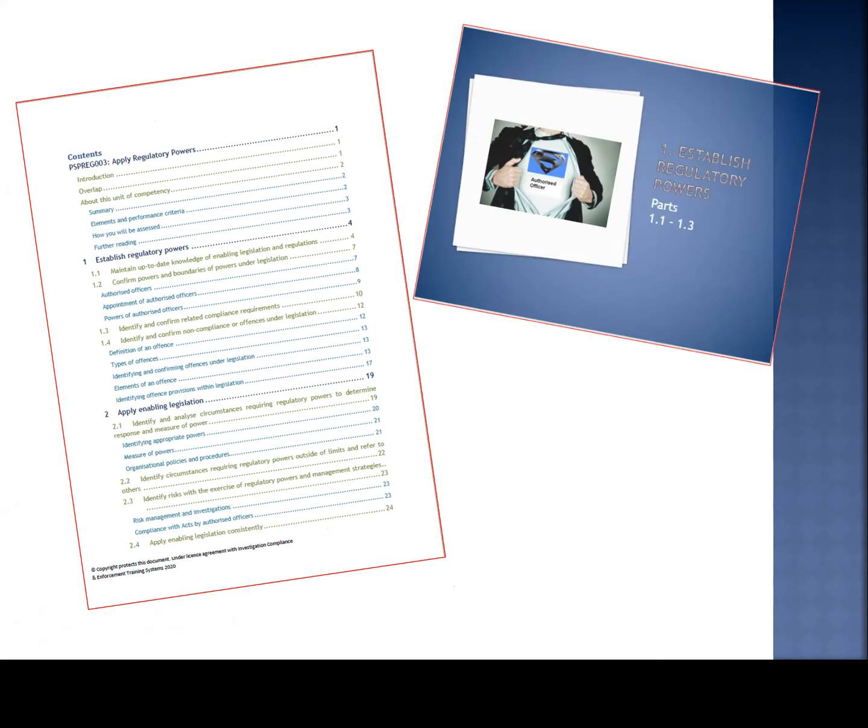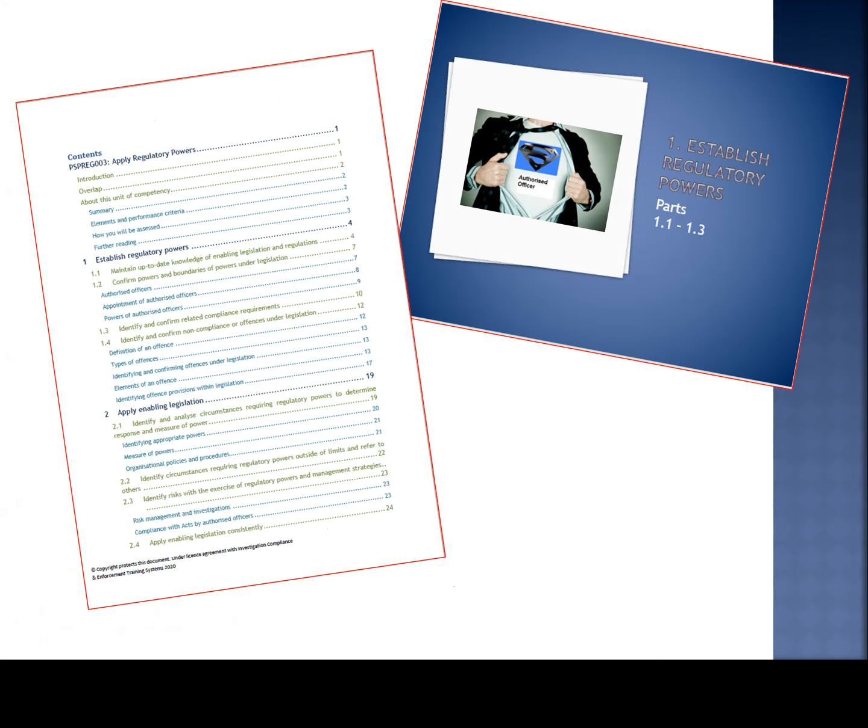In the learner guide, you'll find that the relevant parts of the learner guide are referenced in the title slide for that section. So for instance, the example on the screen, the first chapter of Apply Regulatory Powers learner guide, Establish Regulatory Powers, you'll see that the first part here refers to parts 1.1 to 1.3.